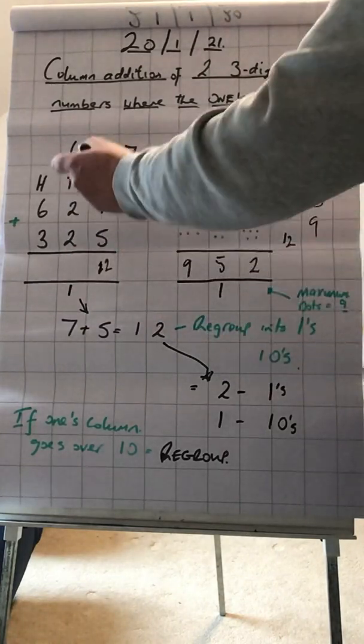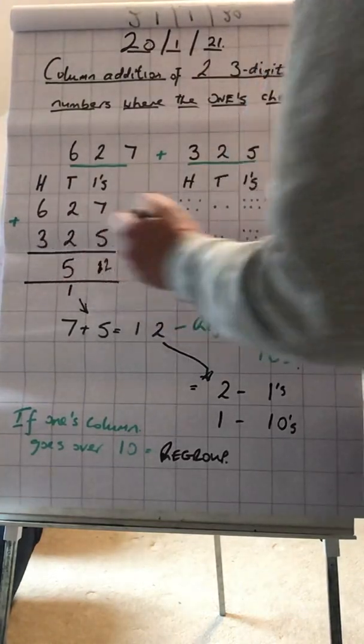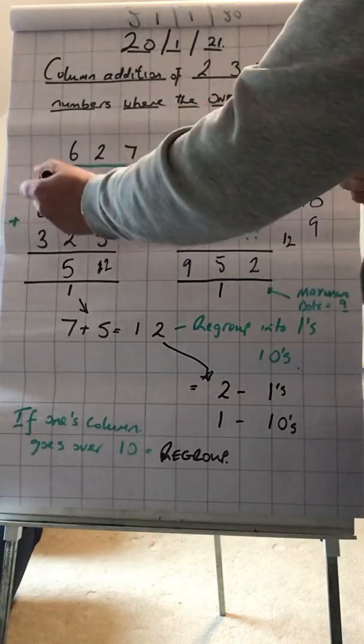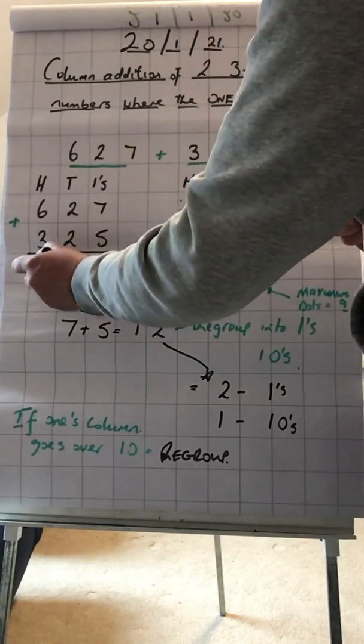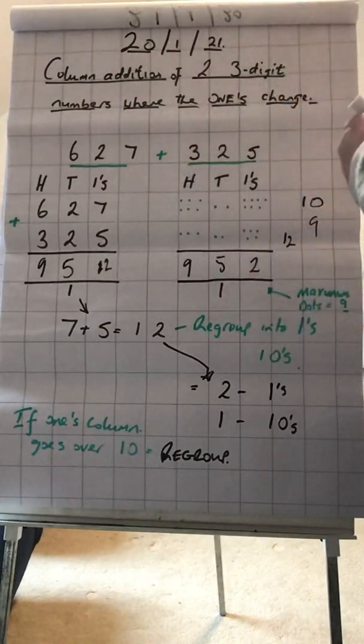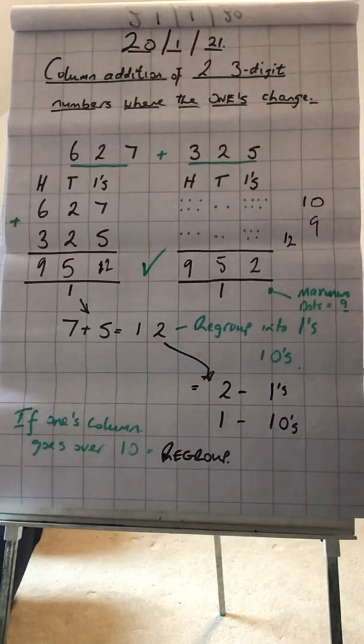Now I simply add up the numbers in my tens column: 2 add 2 add 1 makes 5. Nothing to carry over, nothing to regroup, and I simply add up the numbers in my hundreds column, and that equals 9. 952, 952. Then I check my answers, and if both are the same, I can put a little tick on it.